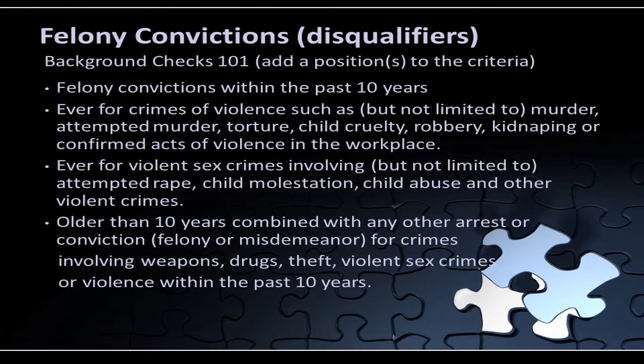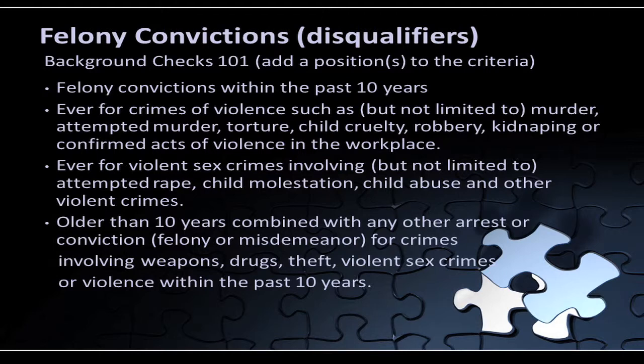Felony conviction disqualifiers. Add an employee's position to the criteria. Felony convictions within the past 10 years. Ever for crimes of violence such as, but not limited to, murder, attempted murder, torture, child cruelty, robbery, kidnapping, or confirmed acts of violence in the workplace.